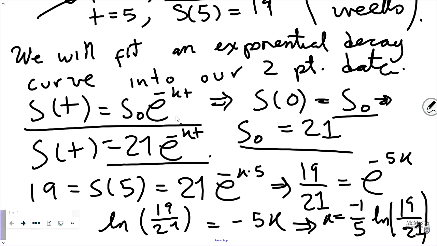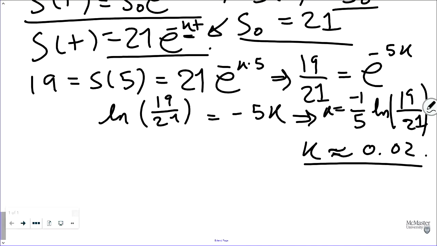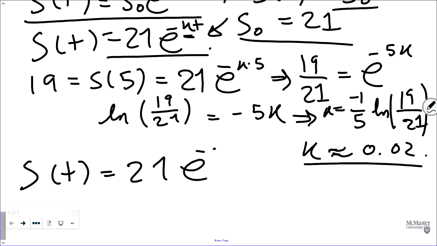So if I plug these values into my calculator, I would simply get that k is approximately 0.02. And now I have all the information, because this is the piece that I was missing, right? So in this case, I have s of t equal to 21 e to the minus 0.02 times t, where t is greater or equal to 0.